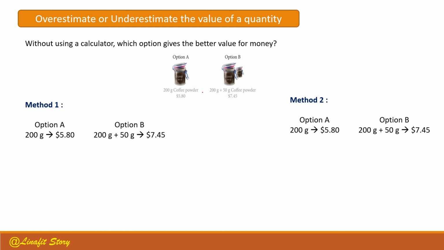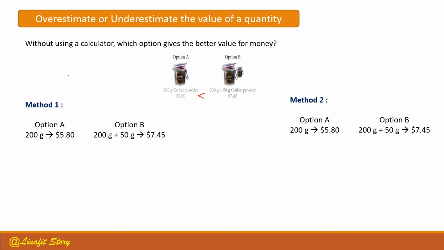Although option A seems cheaper, option A contains less coffee powder than option B. To find out which option gives the better value for money, compare the cost of coffee powder for an equal amount of coffee powder for both options.